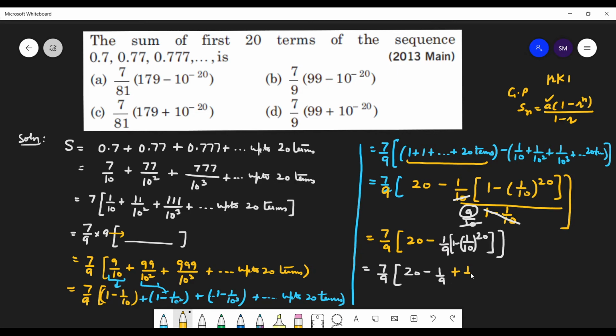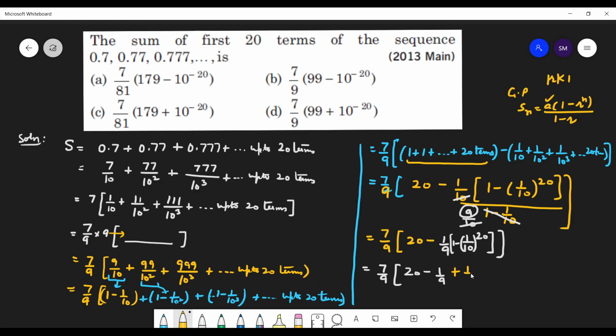So the first given thing to you is a, b, c are in AP. That's given to you. So therefore, what can you say? That 2b is equal to a plus c.